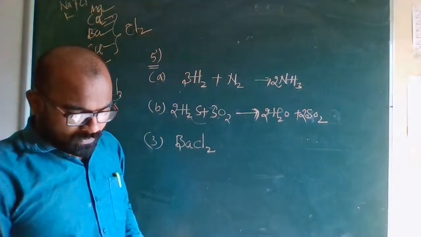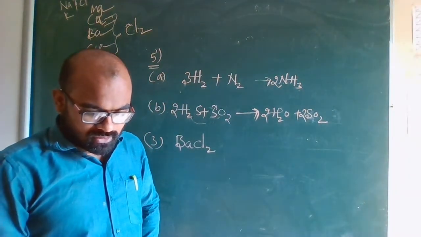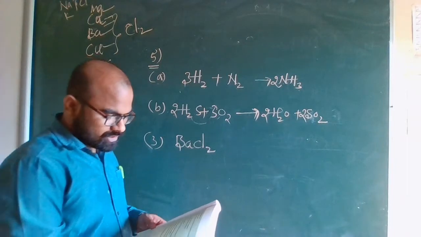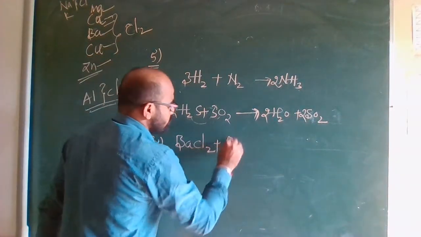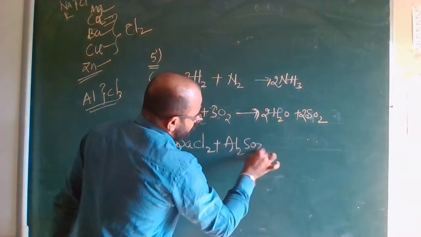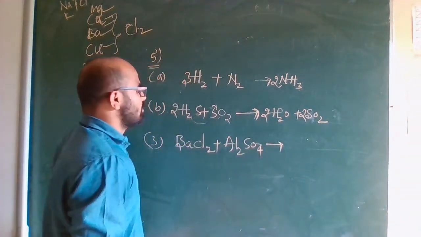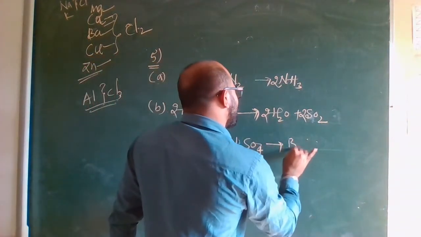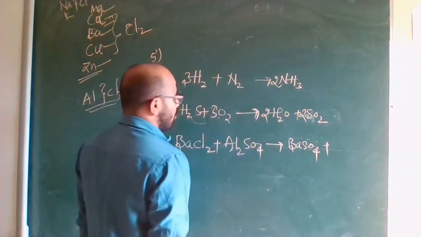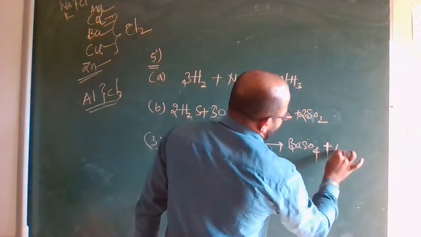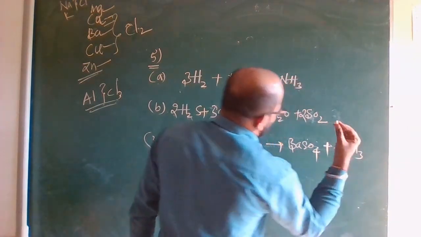Yes, barium chloride reacts with aluminum sulfate. It gives barium sulfate plus aluminum chloride.